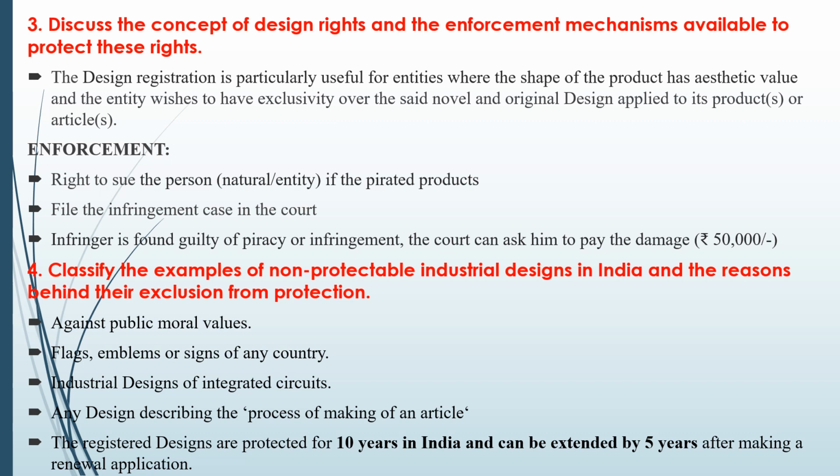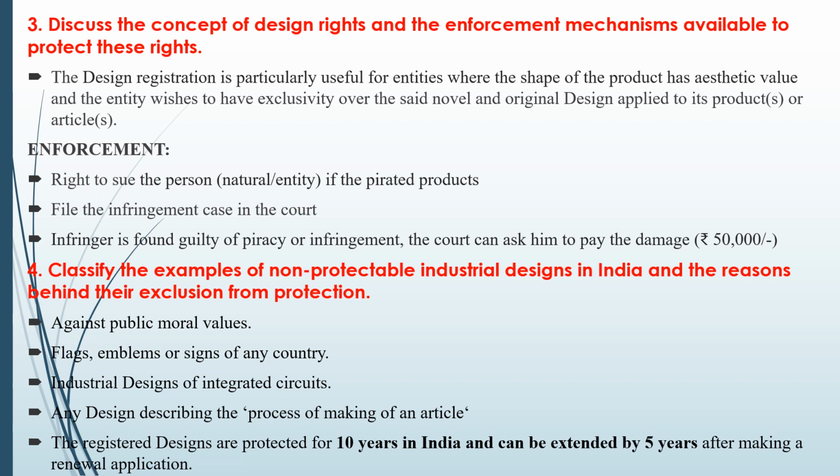Fourth one: classify the examples of non-protectable industrial designs in India and the reason behind their exclusion from protection. Some examples of non-protectable industrial designs: it should not be against moral values. Besides the eligibility criteria, that it should be novel, creative, and different from the existing thing, there are moral values that have to be followed.